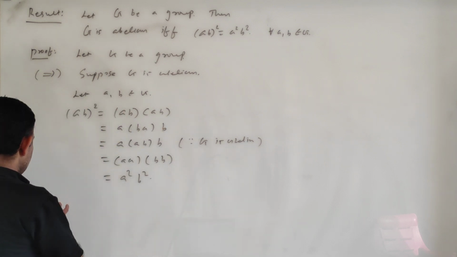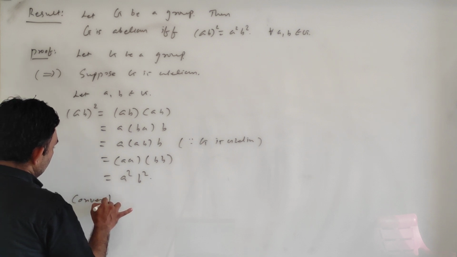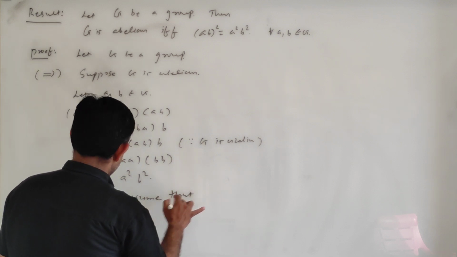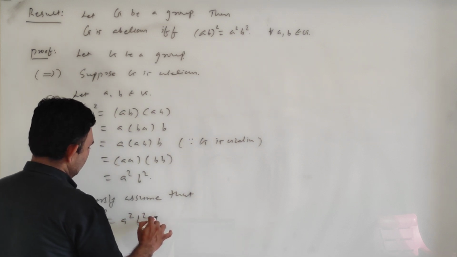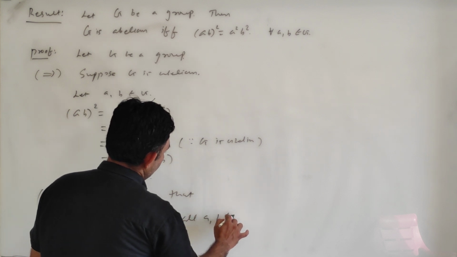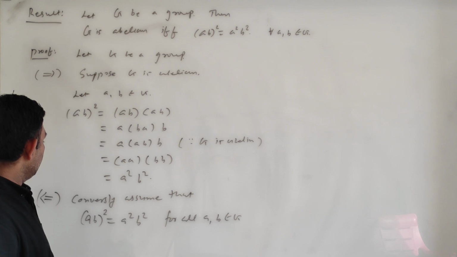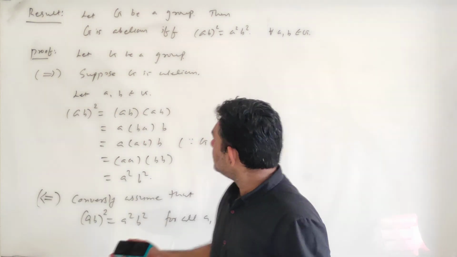Now conversely assume that (ab) square is equal to a square b square for all a, b belongs to G. Okay, so now what we want to prove? What is our claim?